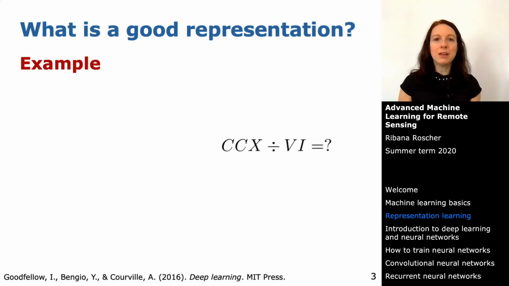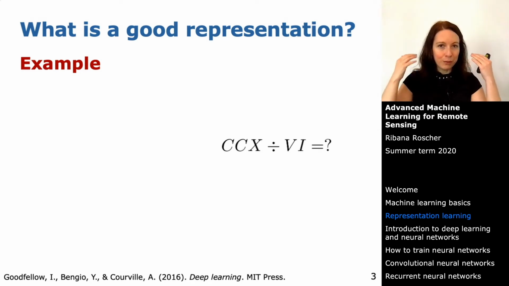So today we are talking about representation, and first of all we need to talk about what is a good representation. I show you here a really nice example from the deep learning book of Ian Goodfellow. Imagine I give you this Roman numeral representation and I ask you to solve this equation.